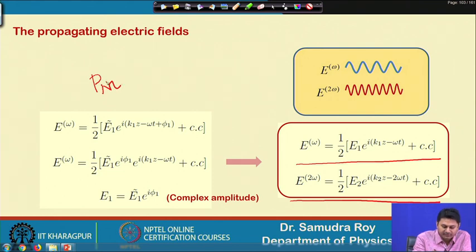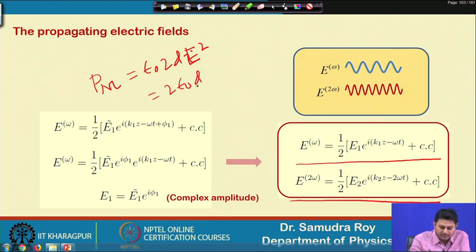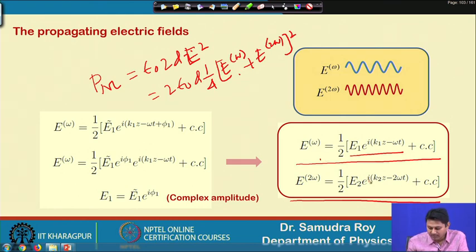P nonlinear has different frequency components, but we are using this notation and then E square. So, when we make E square, E is now 2 epsilon 0 d times 1 by 4, and the square means E omega plus E of 2 omega, squared, and E omega is this. So, that is why this quantity plus the complex conjugate, squared. Exactly the same thing we have done in that slide.